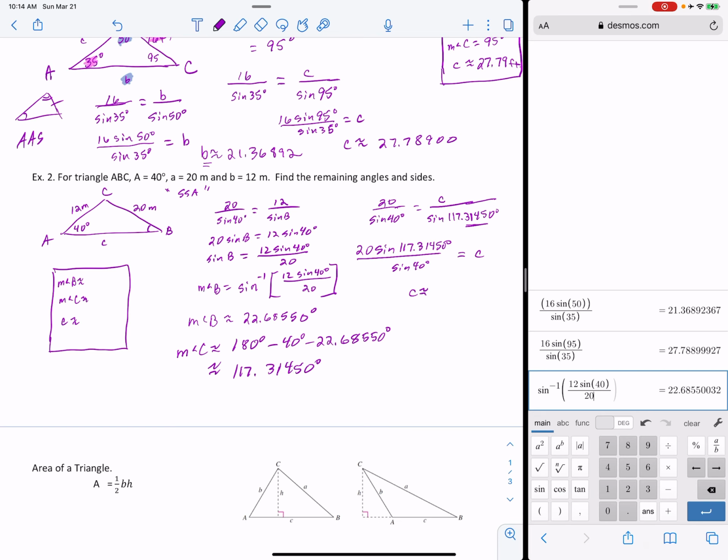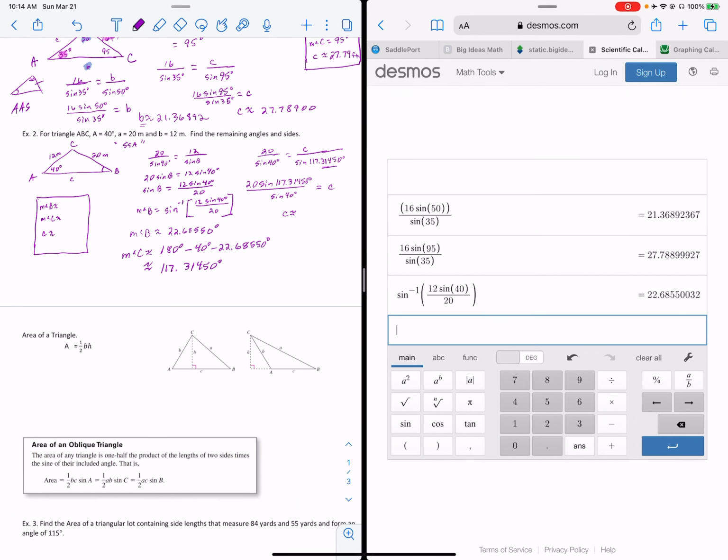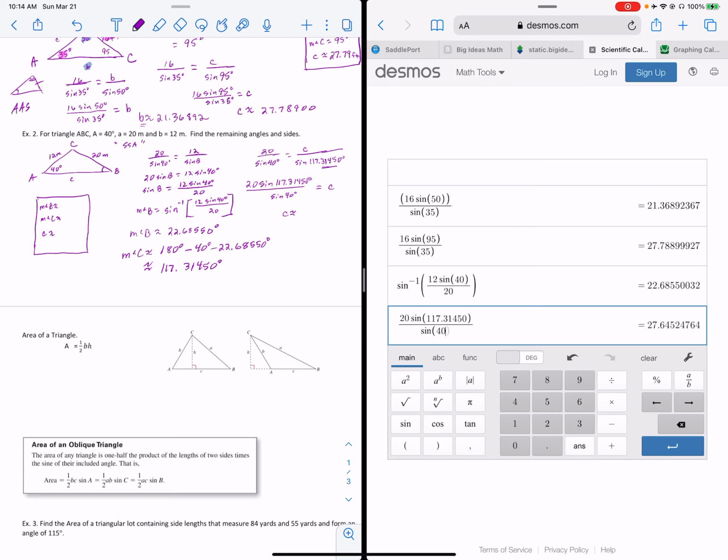So if we come back over here, enter, and then I'm going to go 20 sine of 117.31450, and then divide it by sine of 40. And there we have it. So that's going to be 27.64525.